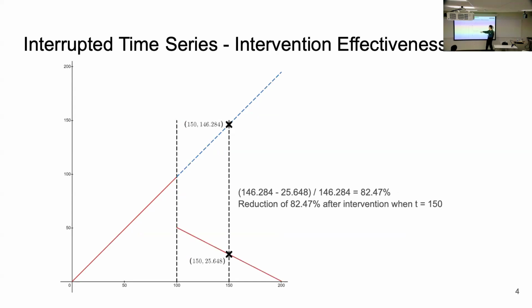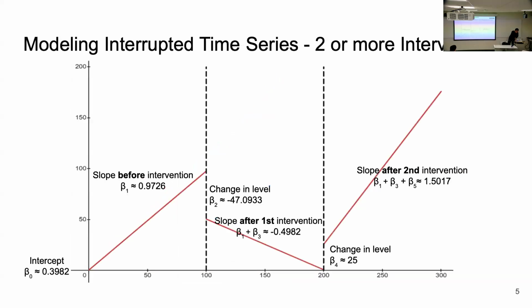So in the paper, they gave a calculation. In this case, let's say at time t equals 150, the effectiveness, or whatever this is trying to model, reduced by 82.47% because of the intervention at t equals 100.